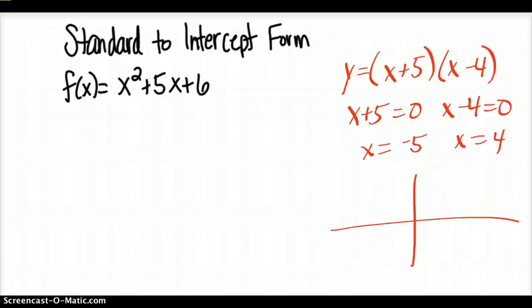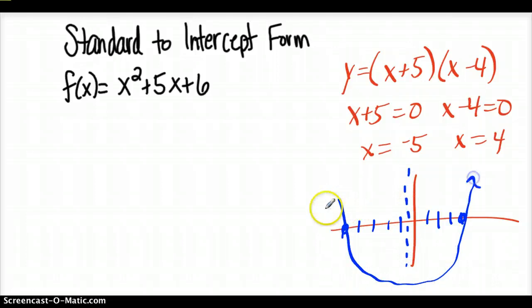And then the intercepts would be at -5 and at 4, and the axis of symmetry would be in between there, right here. And then the parabola would go through that. So that's intercept form. So what I'm going to do is go from this form to that form.